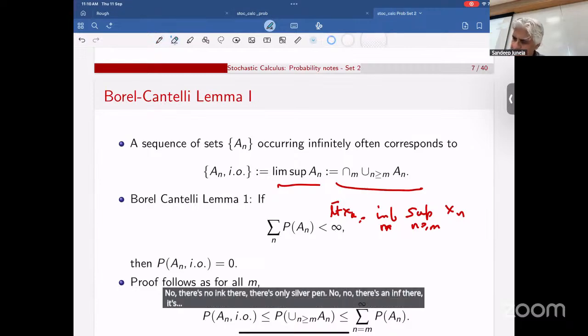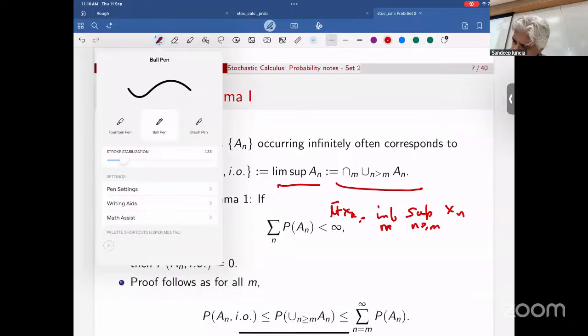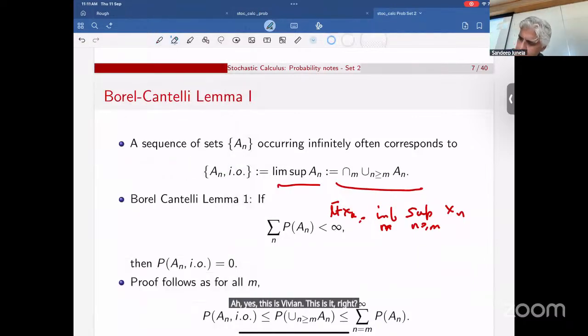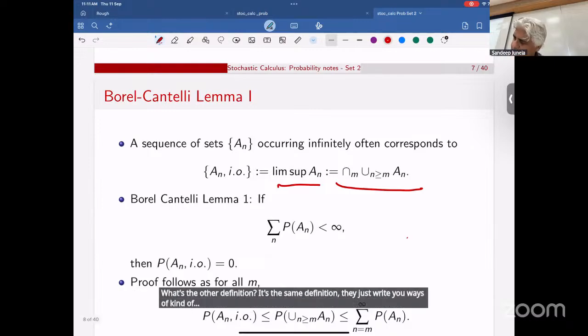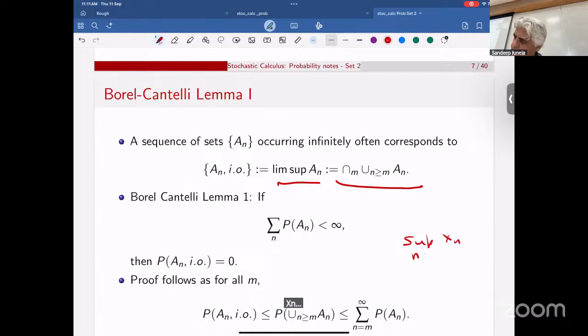Limsup is just... I need to make this thinner somehow. How do I make my pen thinner? Ah, yes, this is it. This is the same definition; there are just a variety of ways of writing it. Let me write it again: the supremum of x_n for n bigger than or equal to m, and now we just take the limit as m goes to infinity.